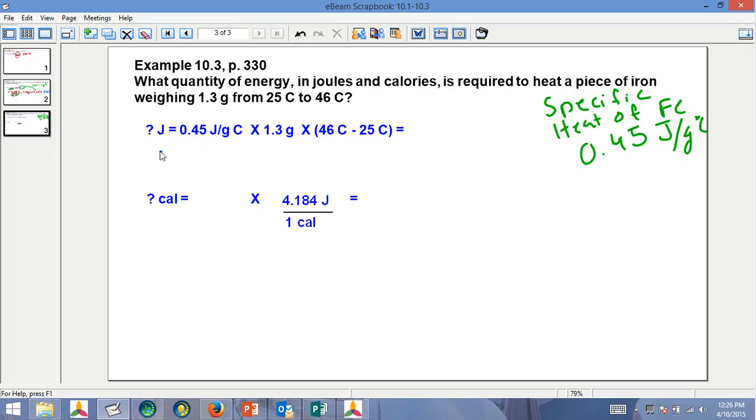So I'm going to have 0.45 joules per gram degree Celsius times 1.3 grams times, and what is my temperature difference going to be here? 21 degrees Celsius.